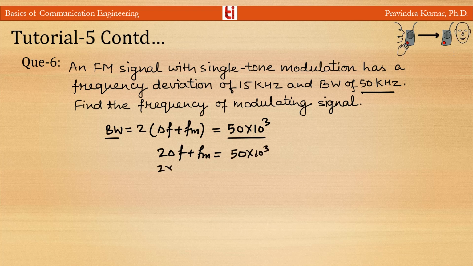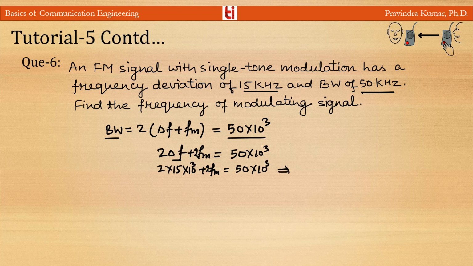The Δf is given as 15 kilohertz, so 2 into 15 into 10 to the power 3 plus 2fm is 50 into 10 to the power 3.